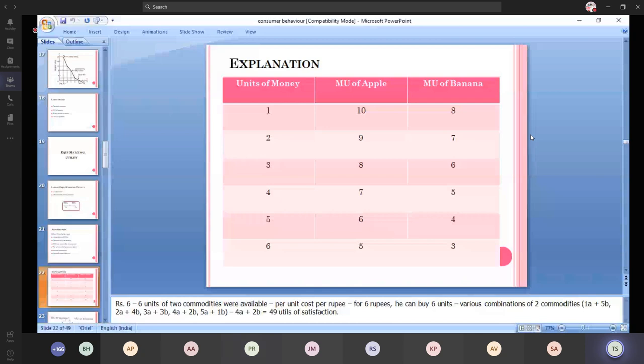And the fourth combination, 4 apples with 2 bananas, the total utility is 49. The fifth combination is 5 apples with 1 banana, and the total utility is equal to 48.